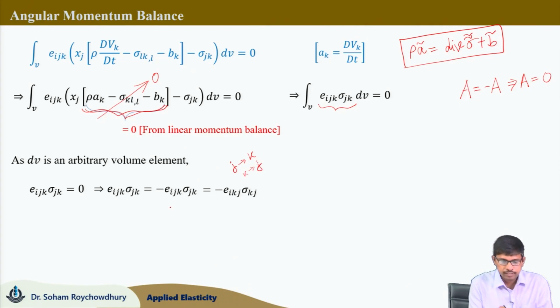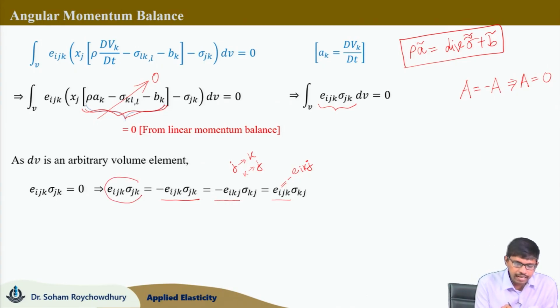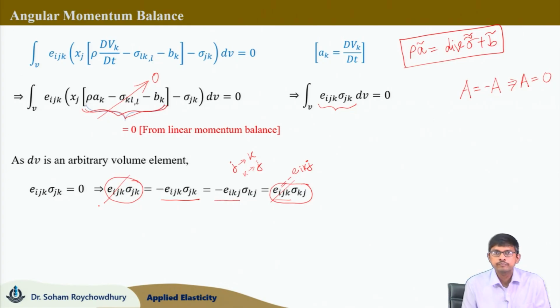Interchanging these two indices, this becomes minus ε_ikj σ_kj, and then this minus of ε_ikj can be written as plus of ε_ijk, since ε_ijk equals minus of ε_ikj. Thus, the initial quantity ε_ijk σ_jk is shown to be equal to ε_ijk σ_kj. Now, ε_ijk being common, we can cancel that ε_ijk, and thus we have σ_jk equals σ_kj, meaning σ equals σ transpose.